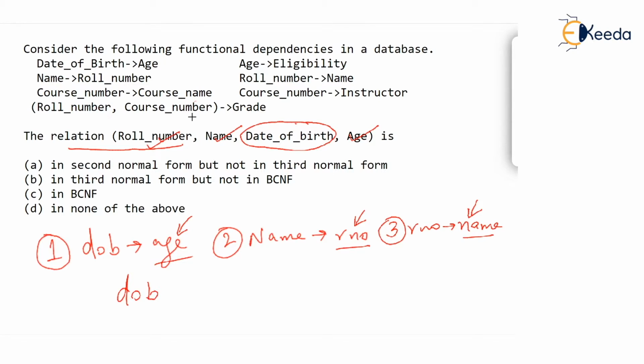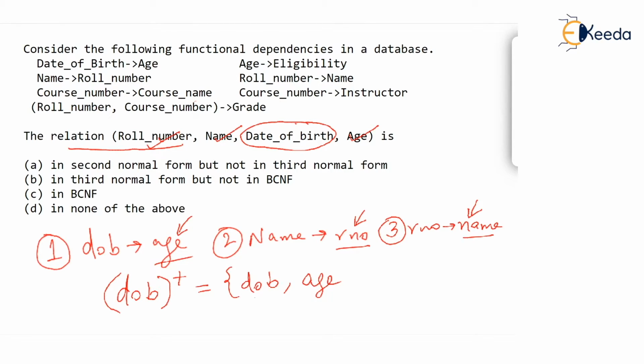I am not saying that date of birth will be the candidate key, but surely whatever is the candidate key will contain date of birth. So let us find out the date of birth closure. Date of birth closure will definitely contain date of birth. And because date of birth determines age, check the first dependency written in red, age will come in.